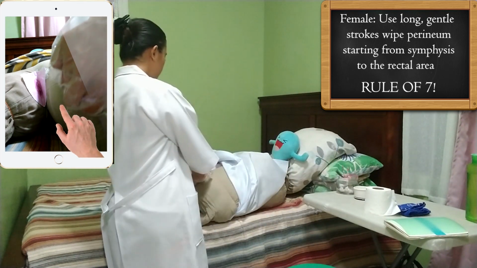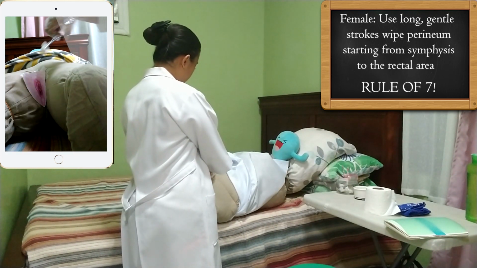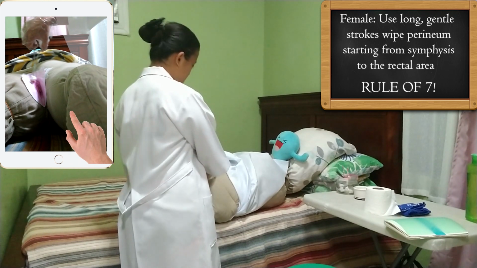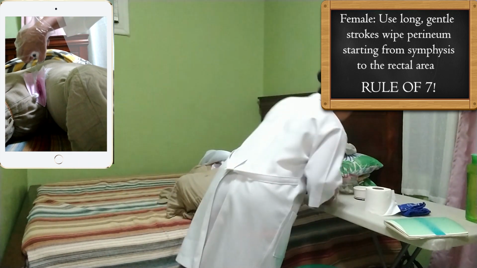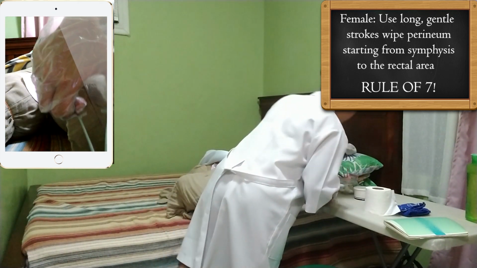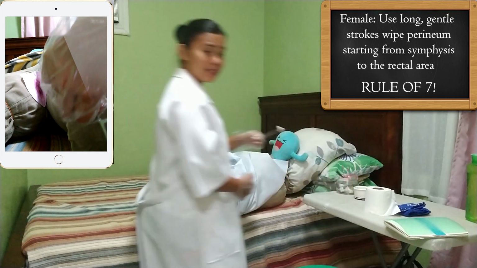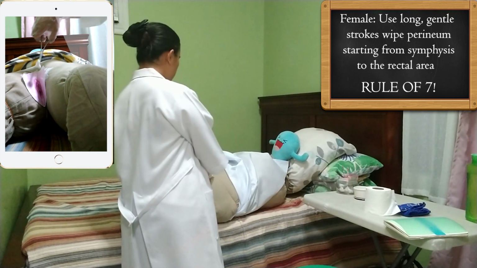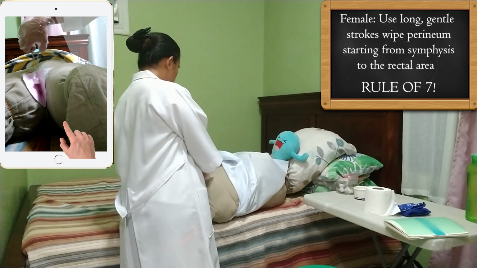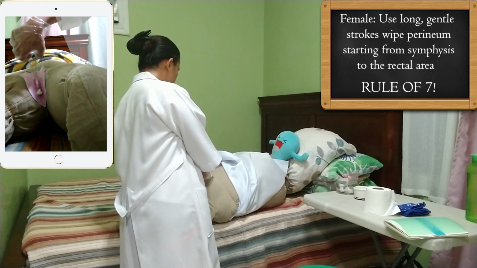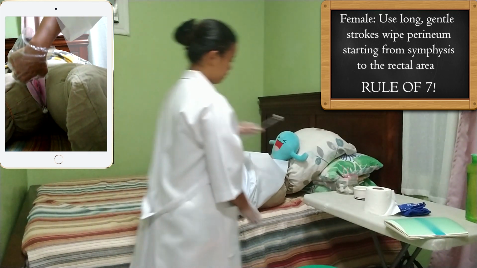And then wipe the labia minora, discard. And lastly is to wipe the center portion from top to bottom, from the urethra all the way down to the anal area.